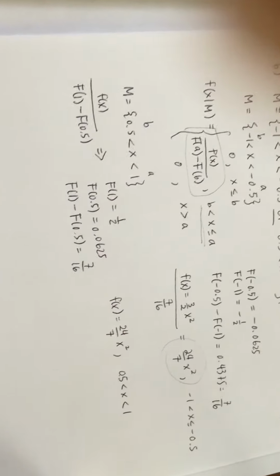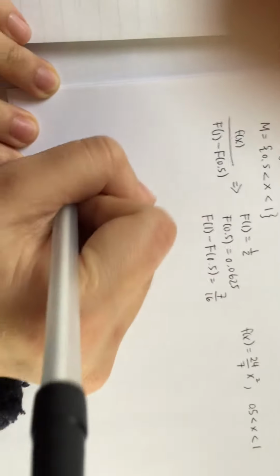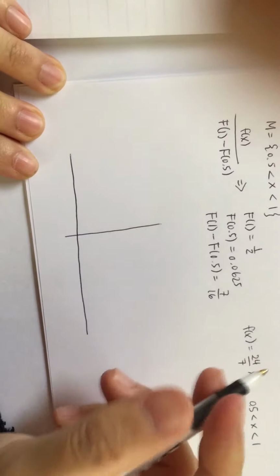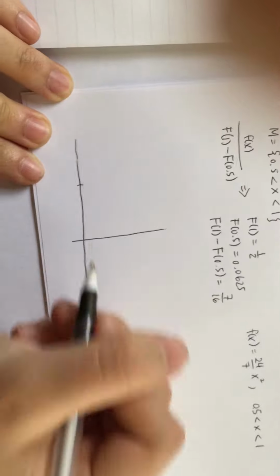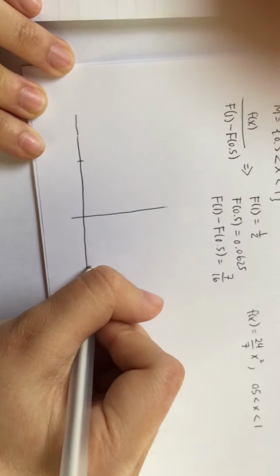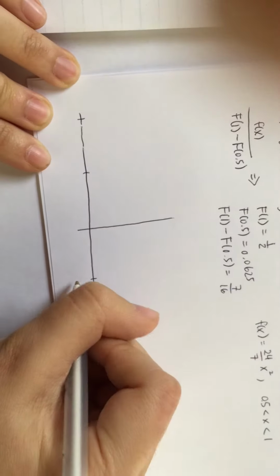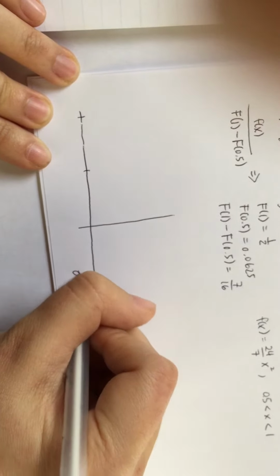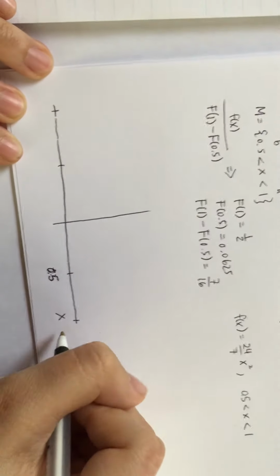So when we draw this graph, we see that since this is an even function, it looks the same, or it's flipped.